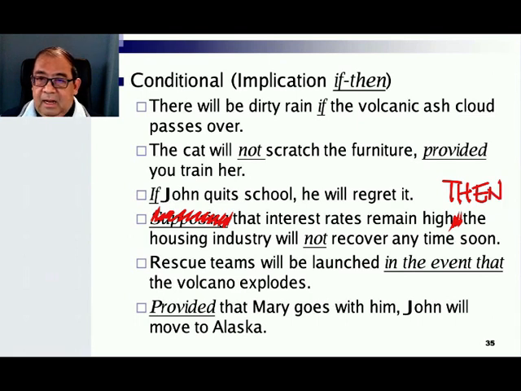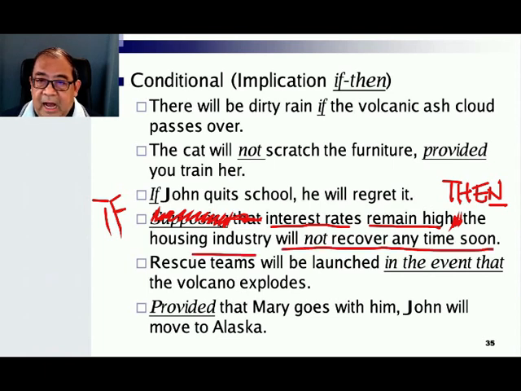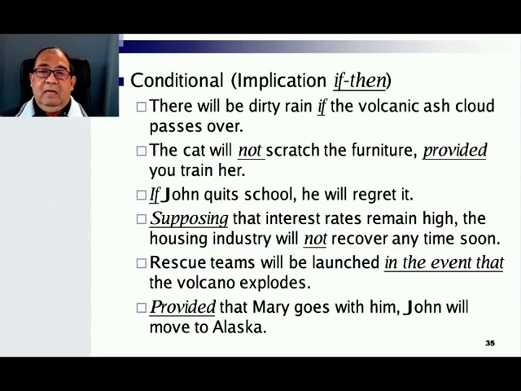Now I just add the then here and the if here. Now it will be very easy to understand. If interest rates remain high, then the housing industry will not recover anytime soon. Now it is very clear, right?